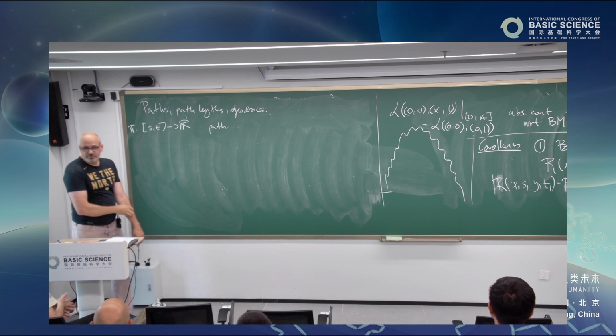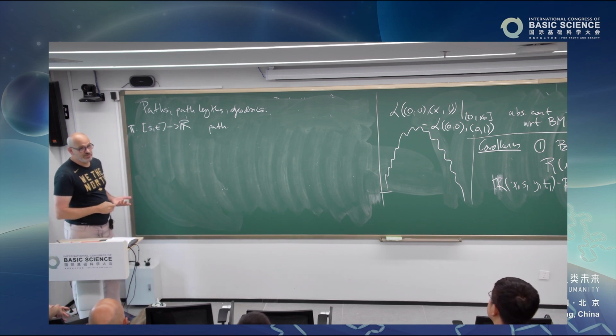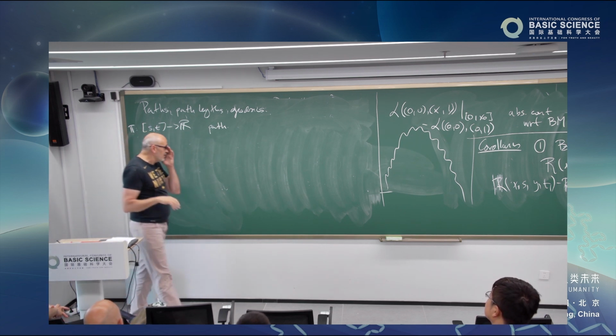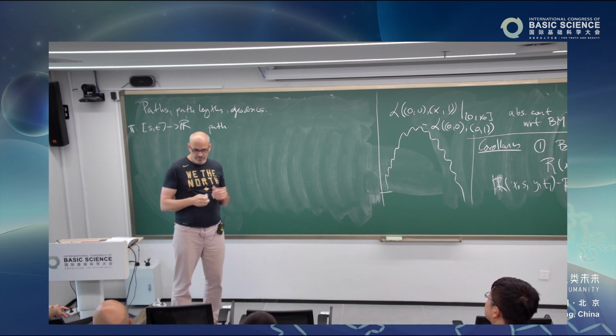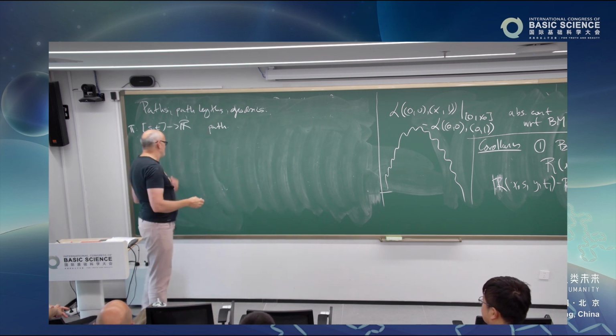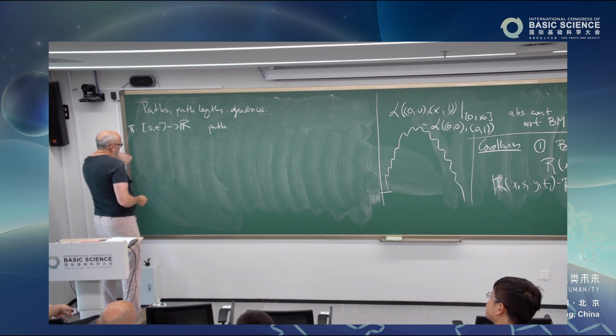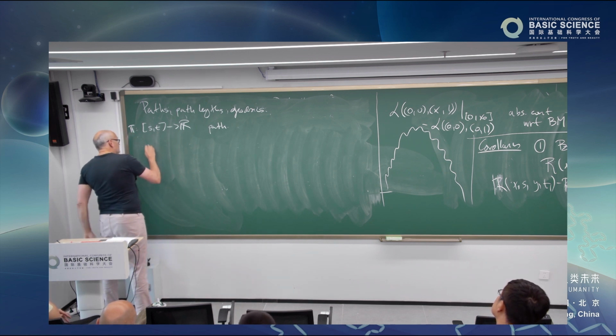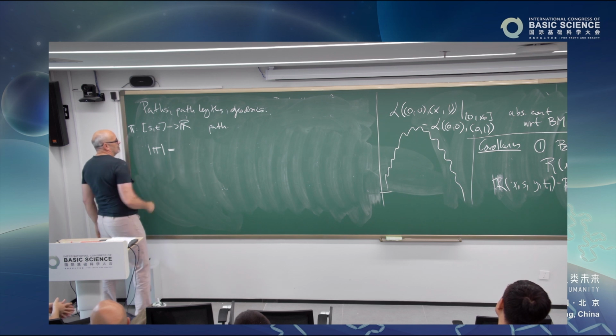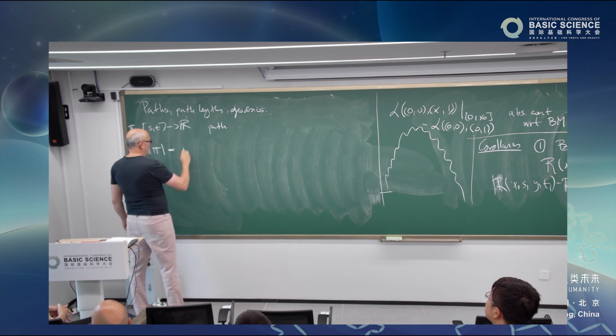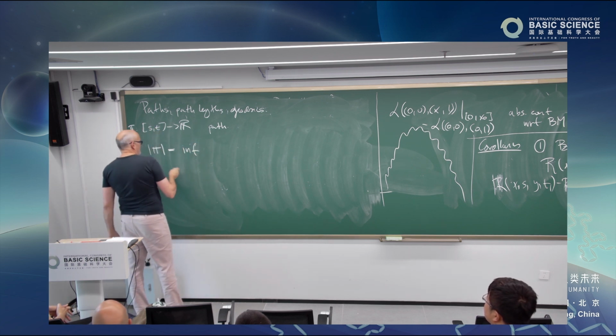Okay, so how do you define the length of a path with respect to the directed landscape? This is just a very standard definition from metric spaces, essentially. The length of pi is just going to be the infimum over all subdivisions.